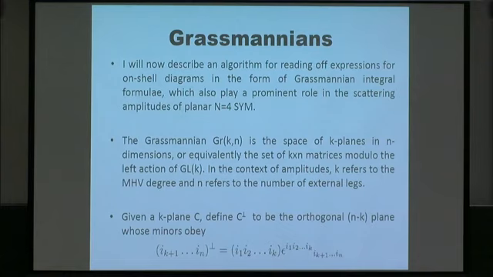This basically determines C perp up to an overall normalization. But then you can fix that normalization just by demanding that the k by k minors of C are equal to the n minus k by n minus k minors of C perp.